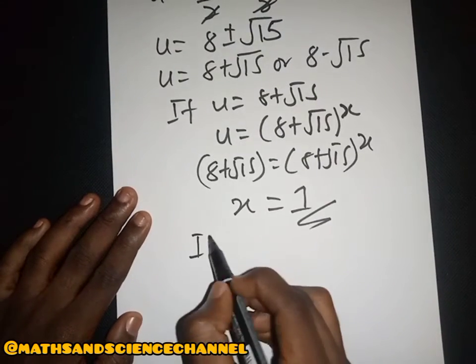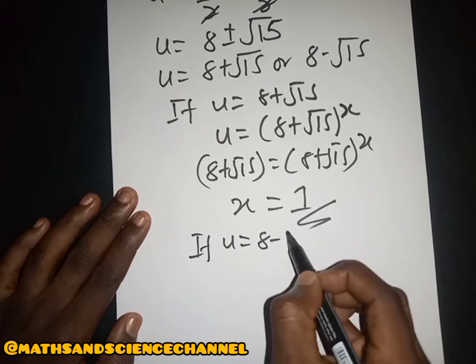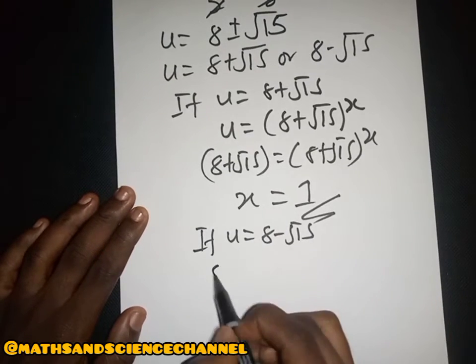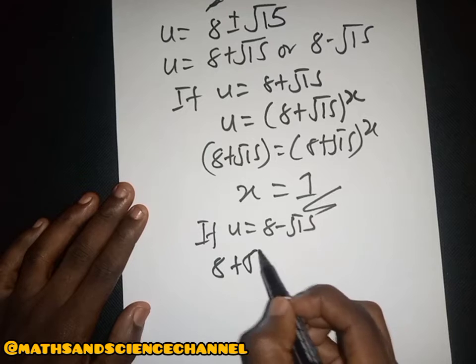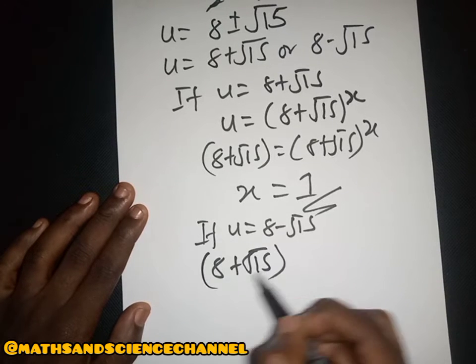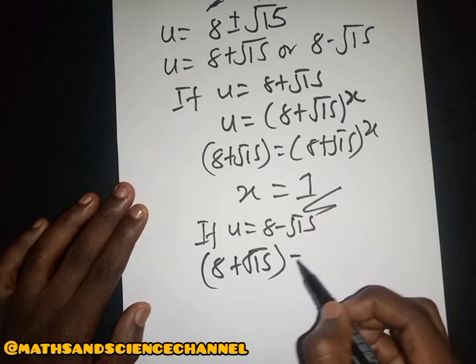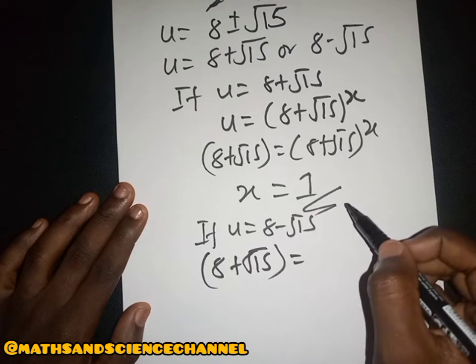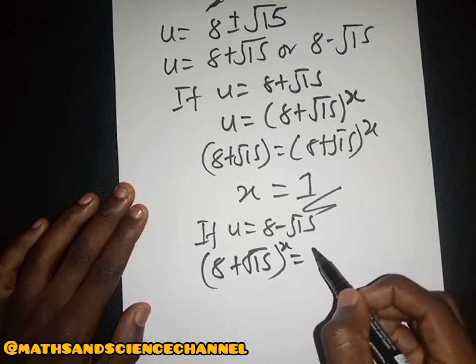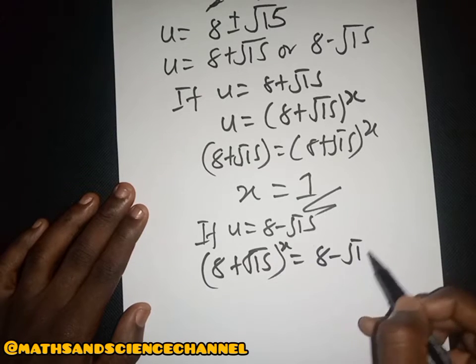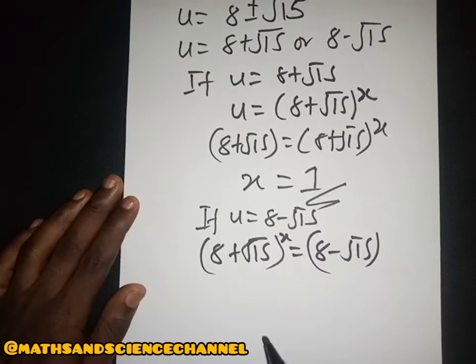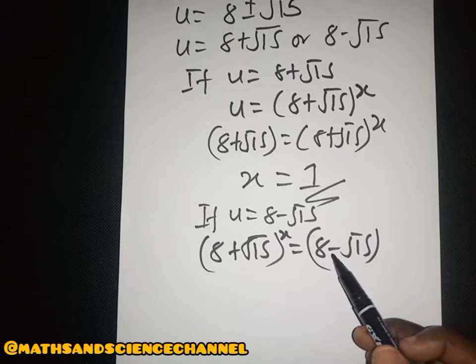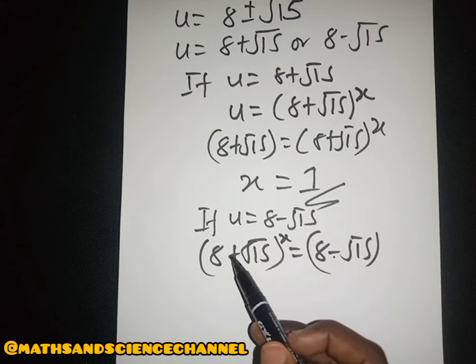But then if u is equal to 8 minus the root of 15, realize that we have 8 plus the root of 15 to the power x being equal to 8 minus the root of 15 in this case, right? Now you realize that this is minus the root of 15, but this is plus the root of 15.